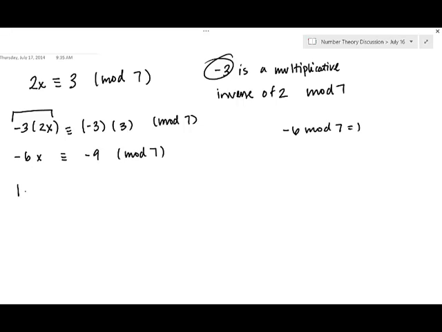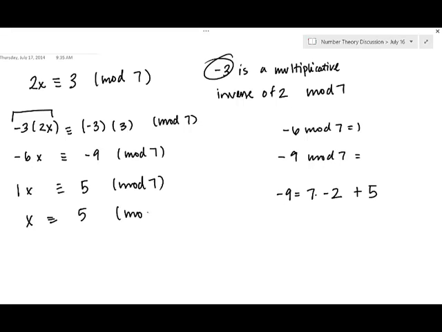We talked about that. I know -9 is equal to 7 times -2 plus 5. Does that make sense? I think so. Yeah, it's congruent to 5 mod 7. And then we have it. We've got a solution. x is congruent to 5 mod 7.